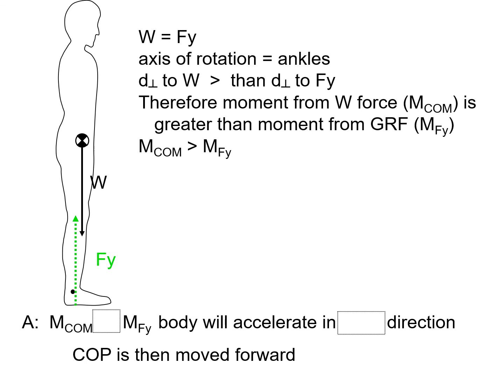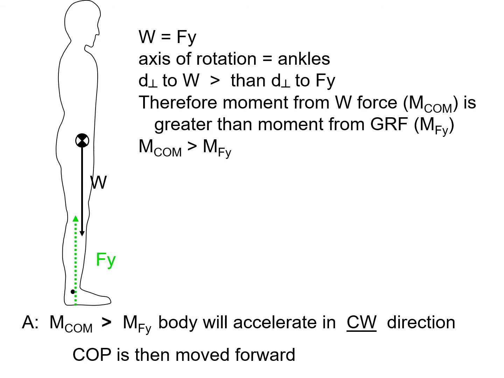Therefore, the moment from our weight force, basically the mass of our center of mass, is greater than the moment of force from the ground reaction force. Okay, so in this picture here, we're seeing greater center of mass weight than the ground reaction force, and the body will accelerate in the clockwise direction.